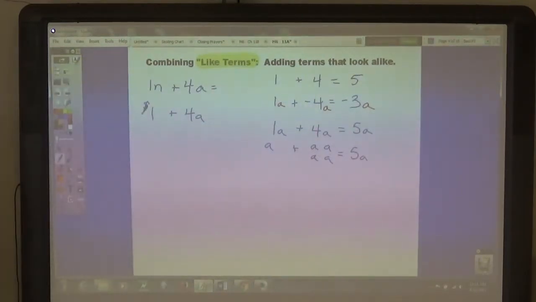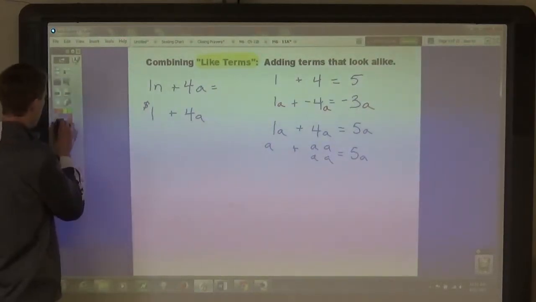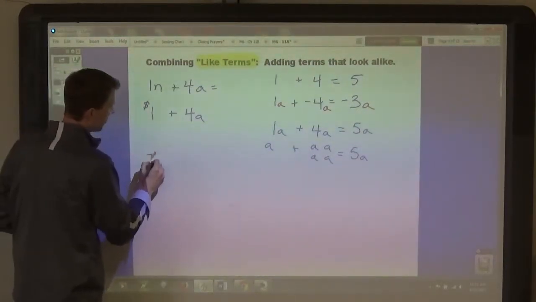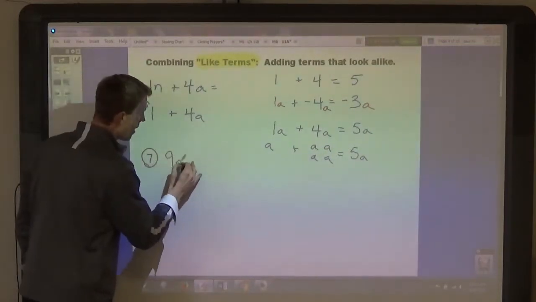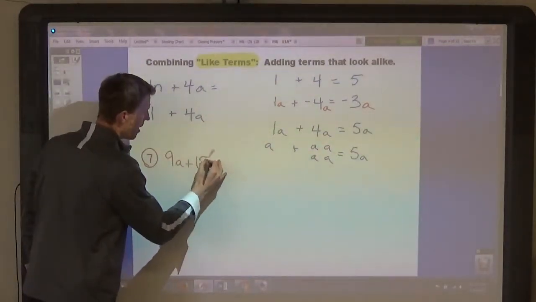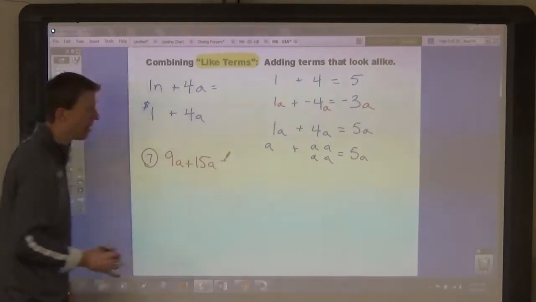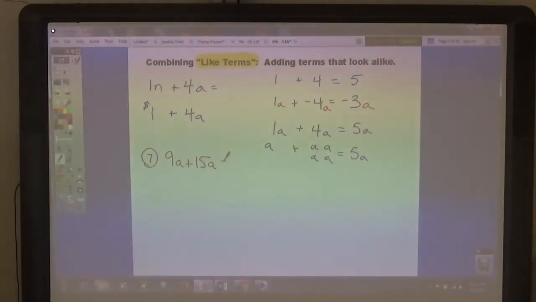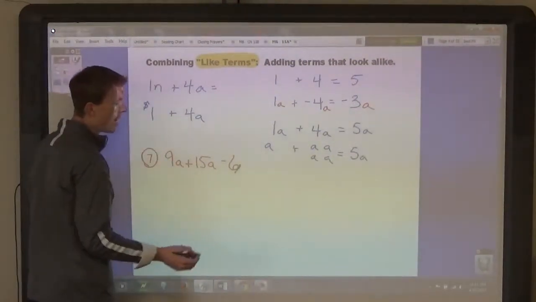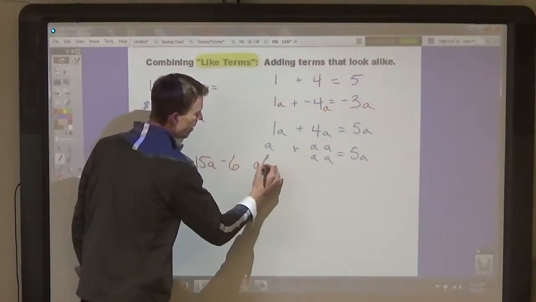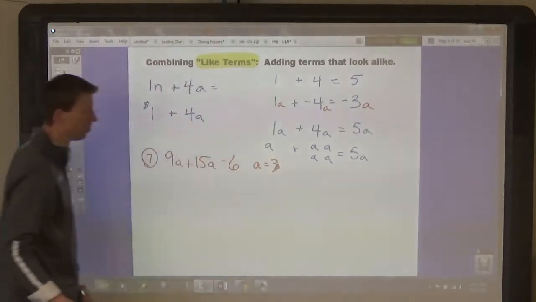Go to number 7 in your book, on page 320, the same page you did for today. And look at this expression: 9a's plus 15a's minus 6, and it says that a equals 3.